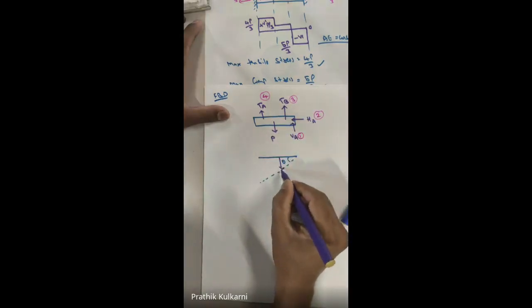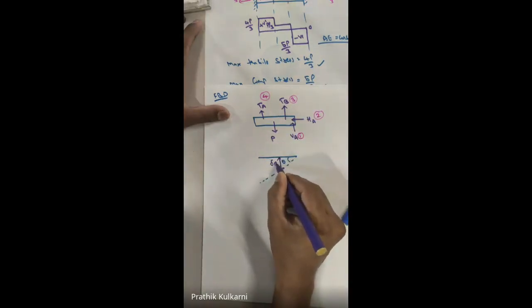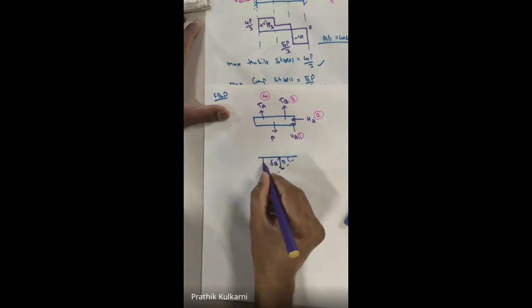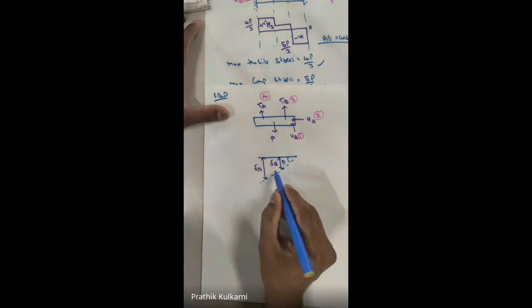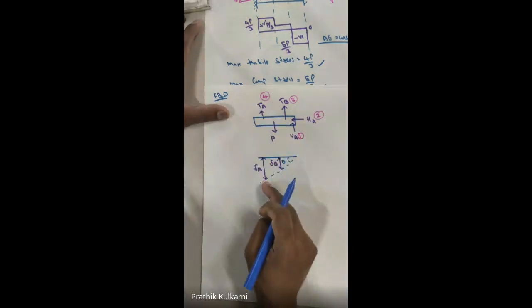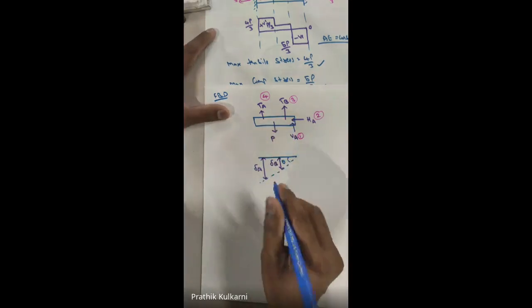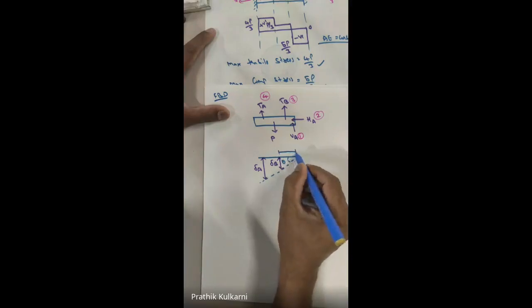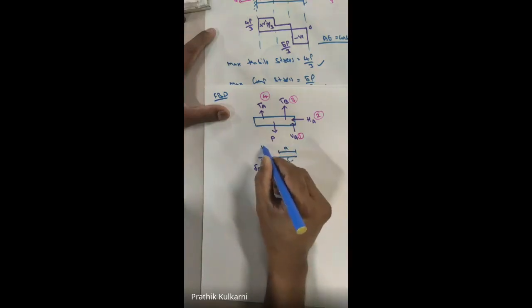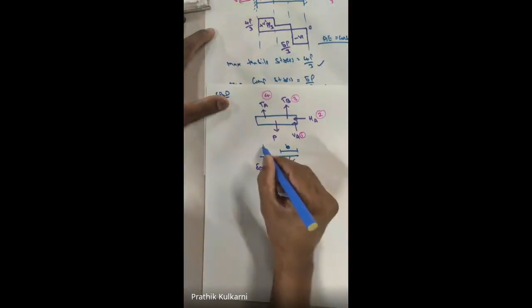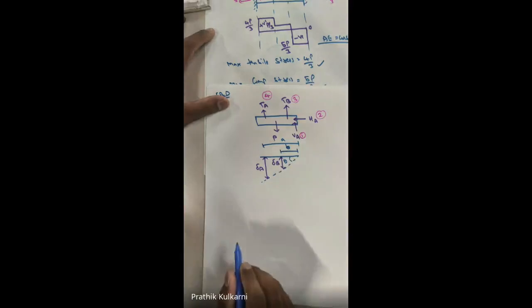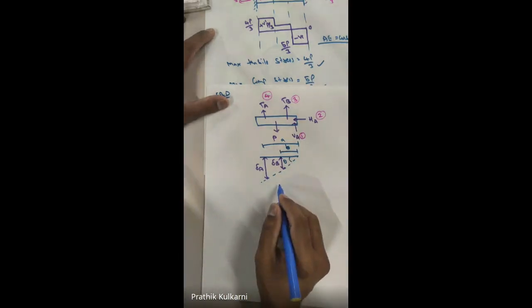Then due to TA, here I have delta at B, and here I have delta at A. This is the deformation at B, this is the deformation at A. Because of the supports, the deformation we have got is delta at B. From here to here, this was A, and this was B. So the theta value is the same.